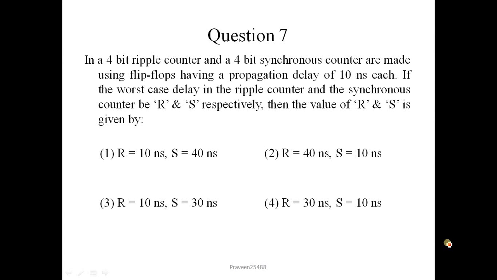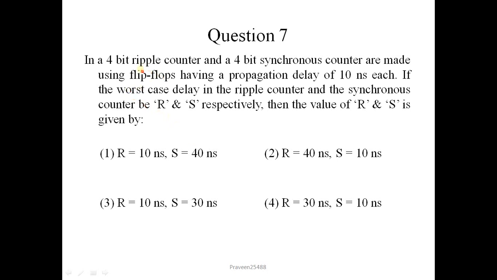Question number 7. A 4-bit ripple counter and a 4-bit synchronous counter are made using flip-flops having a propagation delay of 10 nanoseconds each. If the worst case delay in the ripple counter and the synchronous counter be R and S respectively, then the value of R and S is given by.